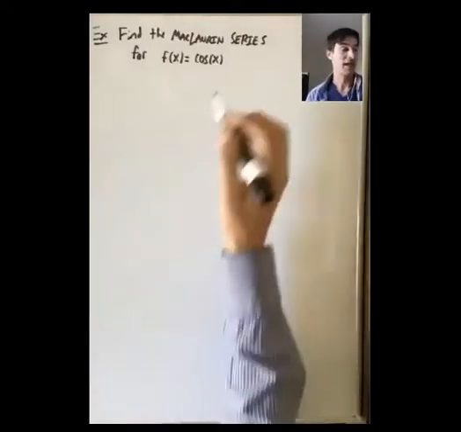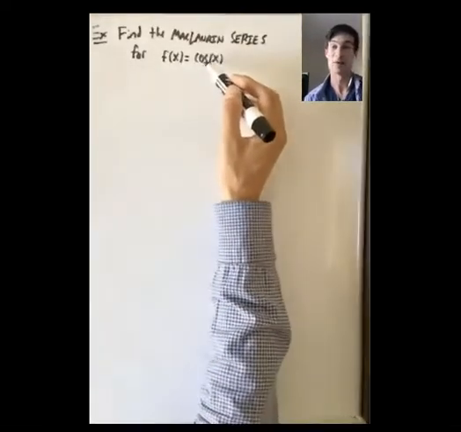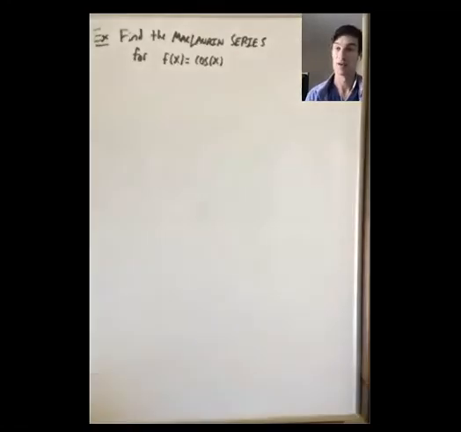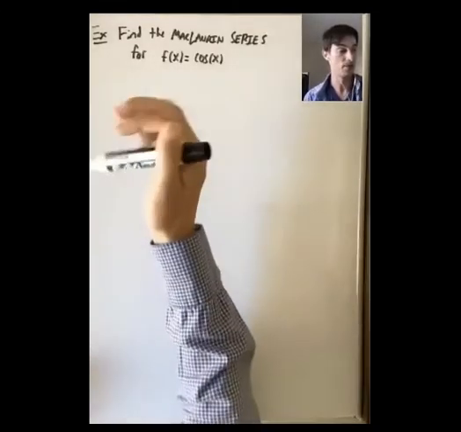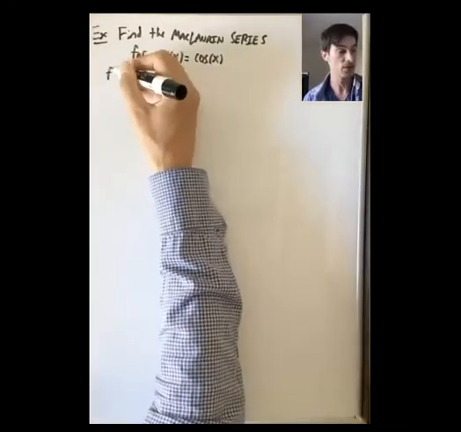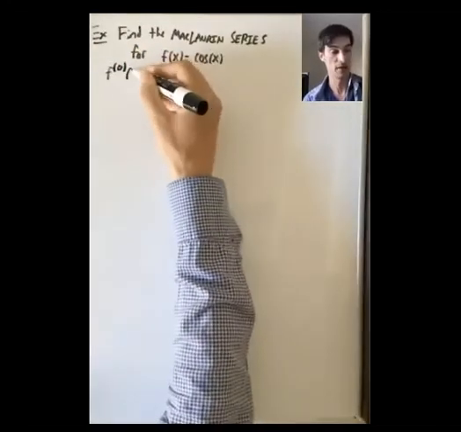Let's look at the example of f of x equals cosine of x. So we want to find the Maclaurin series, which means we have to solve for these Cn terms. And how do we find Cn? We take the nth derivative and evaluate at 0. So let's take the first few derivatives and look for a pattern.